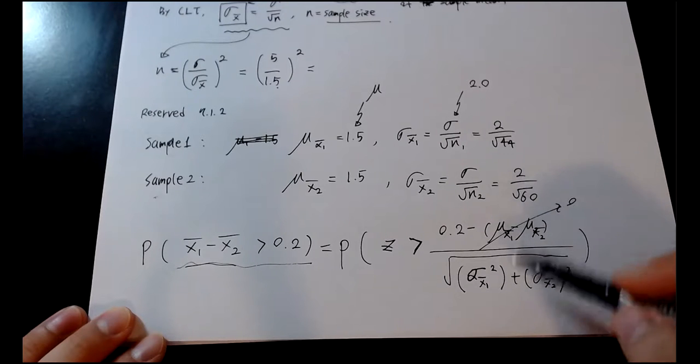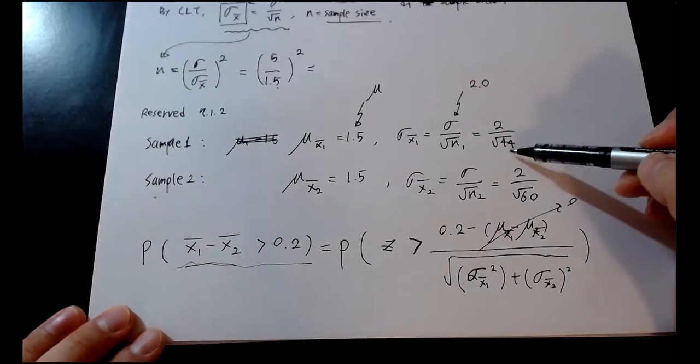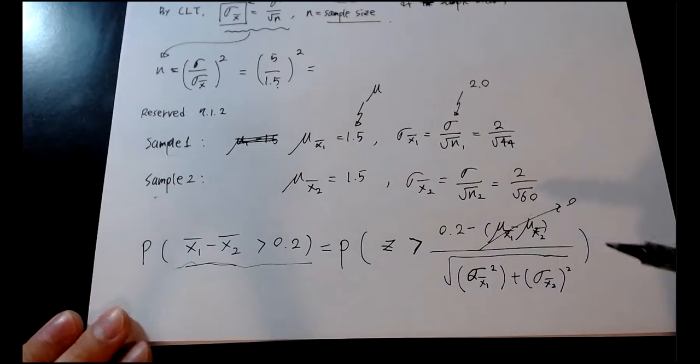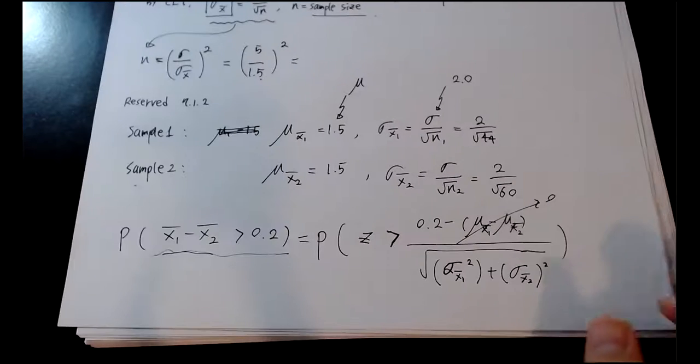And then you can calculate sigma x1 bar and sigma x2 bar: take the square of each and plug them in here. Then using the table of standard normal distribution, you can find the probability.